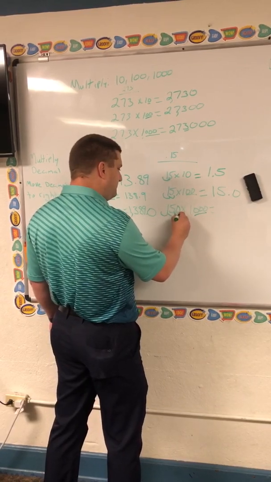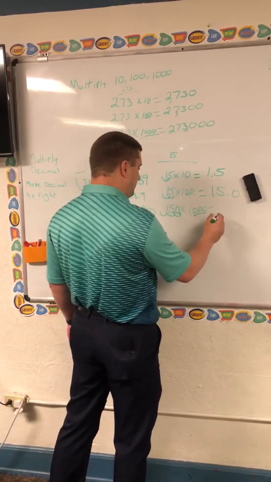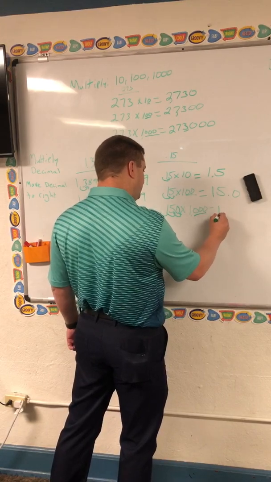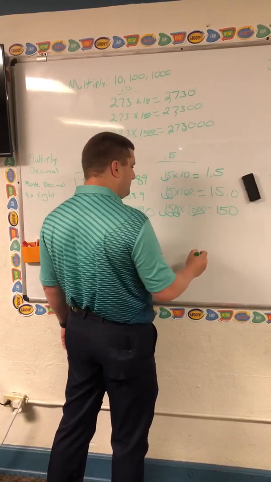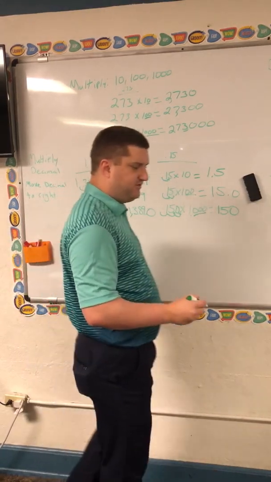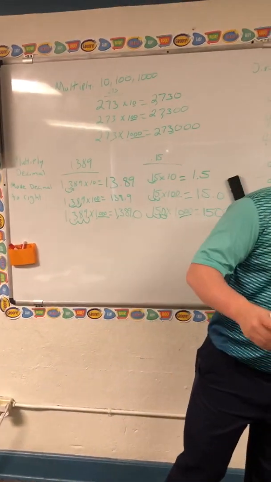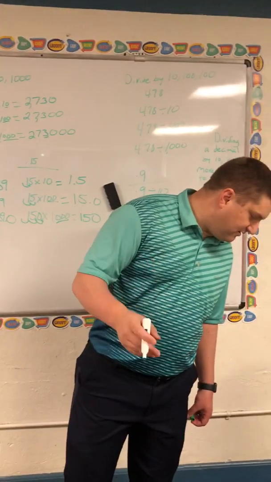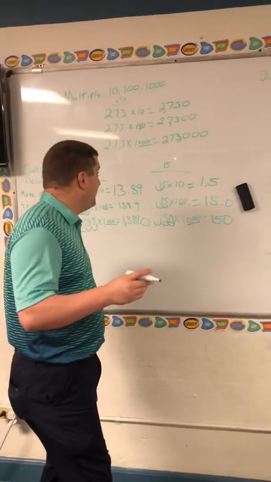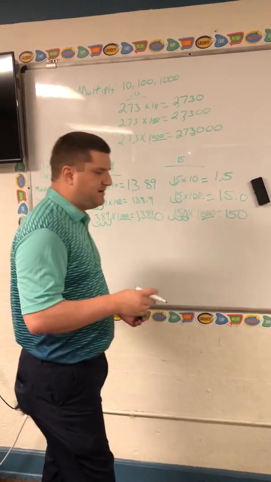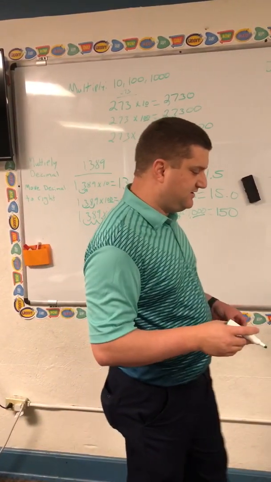So now you have your third number. So that would be 150 or 150.0. That is doing multiplying by 10, 100, and 1,000.